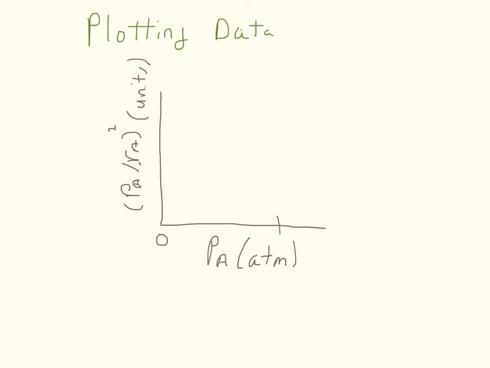So I will mark the x-axis from 0 to 2, and I have some values in between. On the y-axis, I went from 0 to 3. This resulted in a straight line.